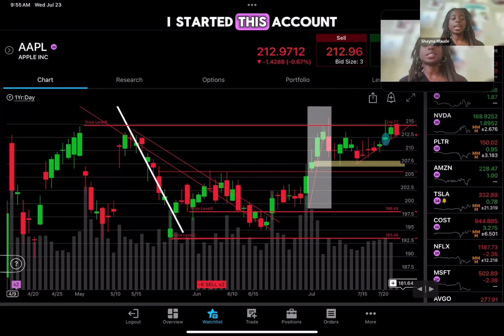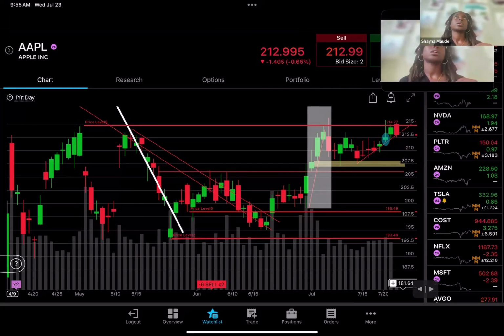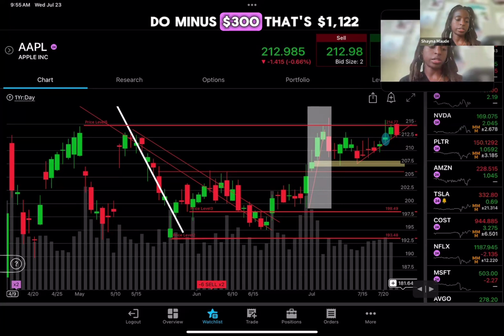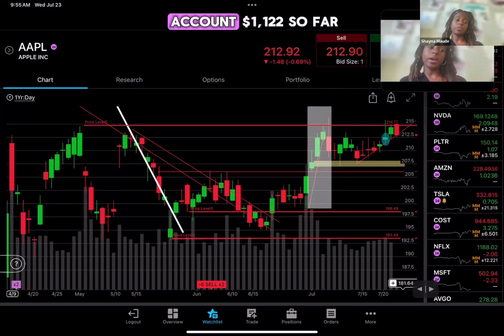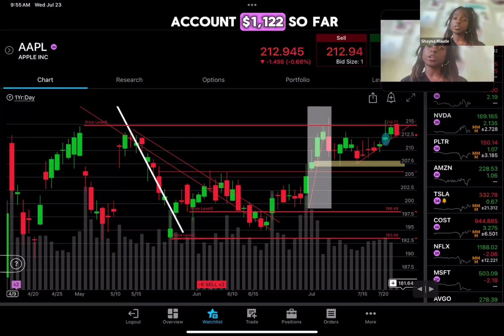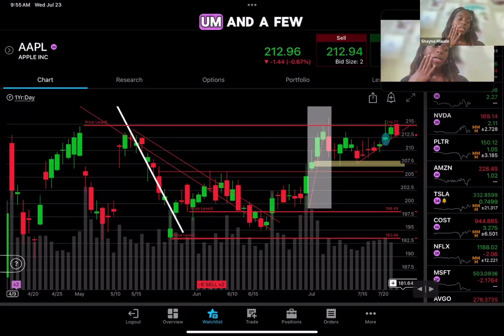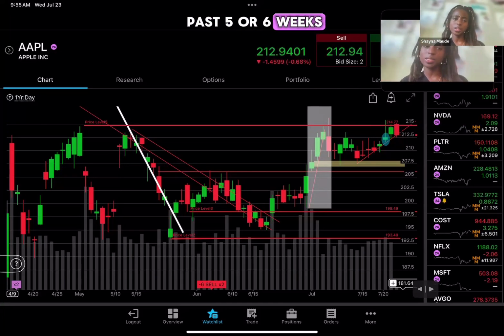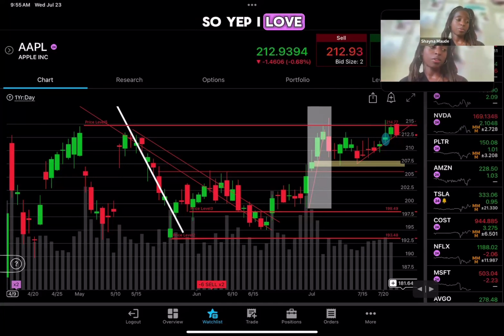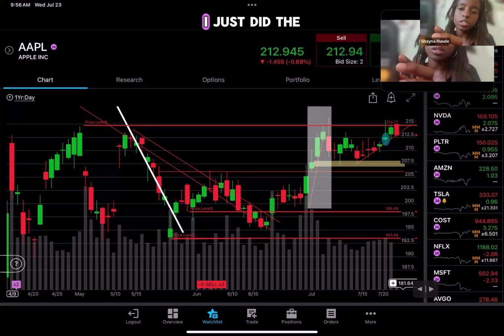And like I said, I started this account with $300. So let's do minus $300. That's 1,122. So I grew my account $1,122 so far in a few swing trades over the past 5 or 6 weeks. So yep, I love printing money, as you can see. I just did the math.